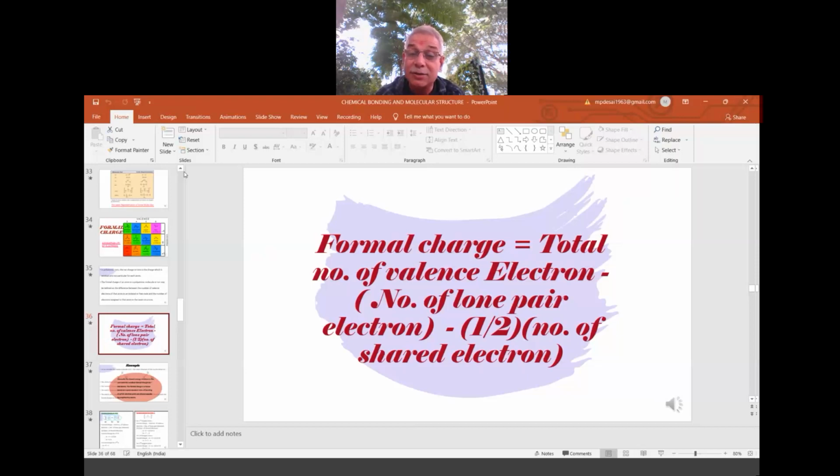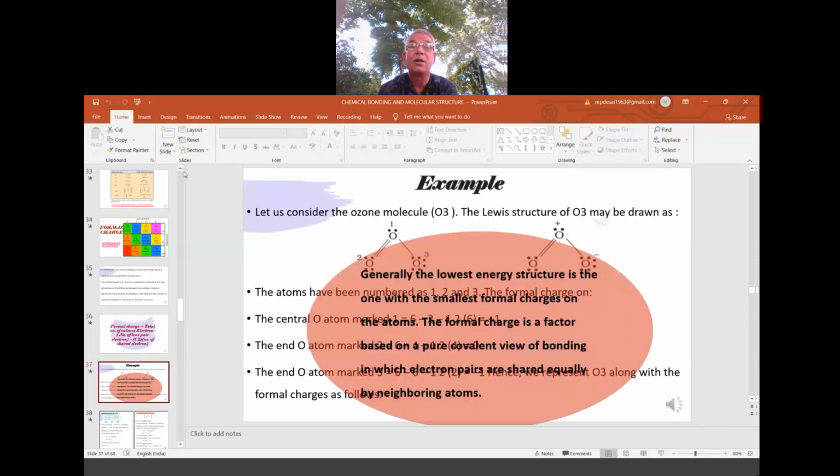Now minus number of lone pair of electrons on the one. So it is 6 minus 2. Then bond pair by 2. How many bond pairs around the O? On the right side we have one bond pair, and on the left side we have 2 bond pairs.